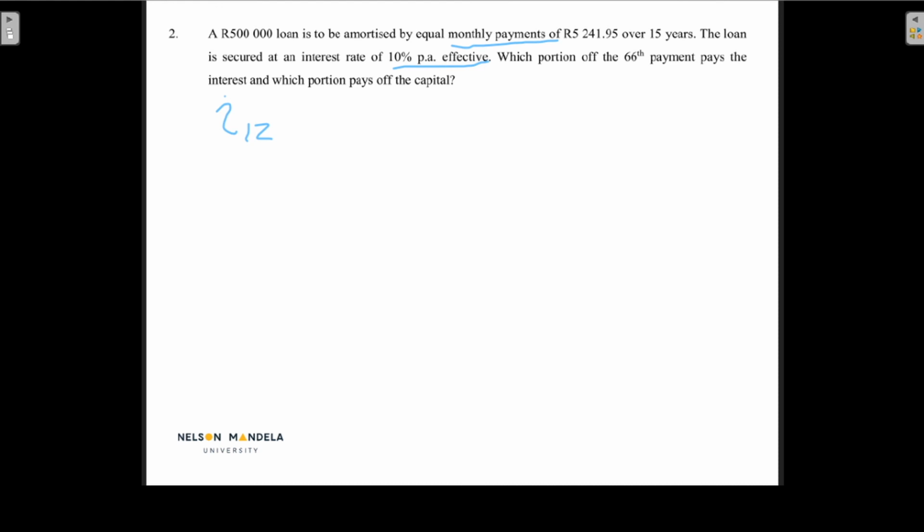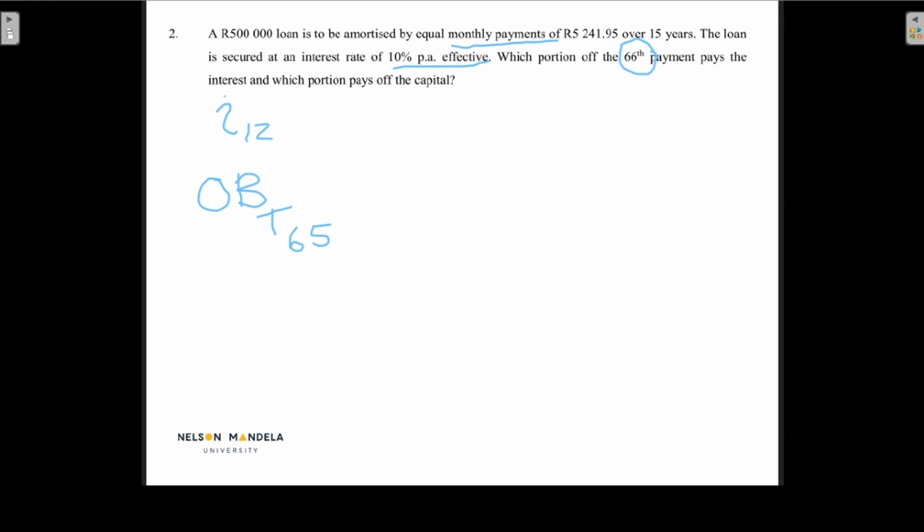Because we want to know which portion of the 66th payment pays the interest and the capital, we have to find the outstanding balance at the time period before 66, in other words, at time T65. You have to use the retrospective method to get the outstanding balance at time T65.